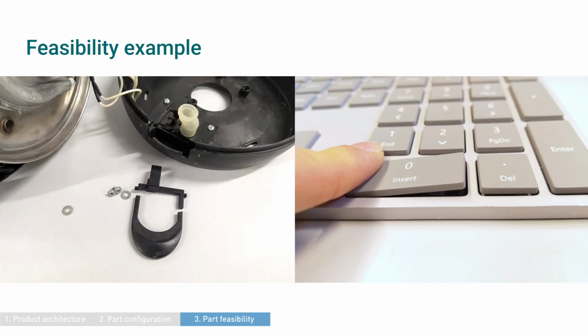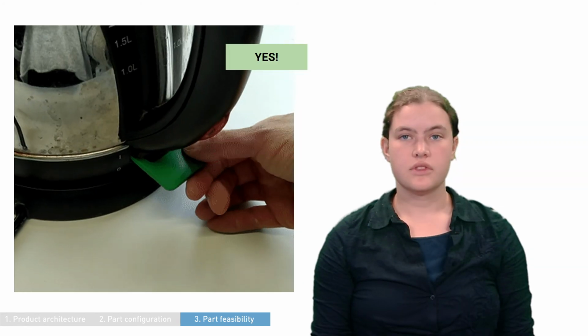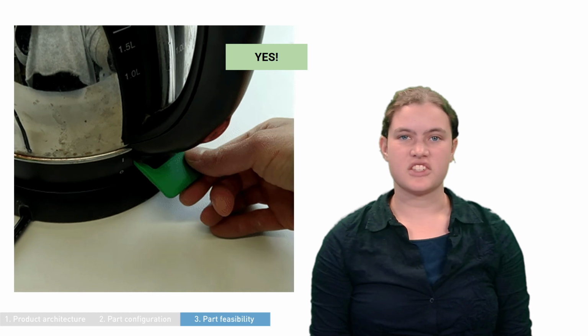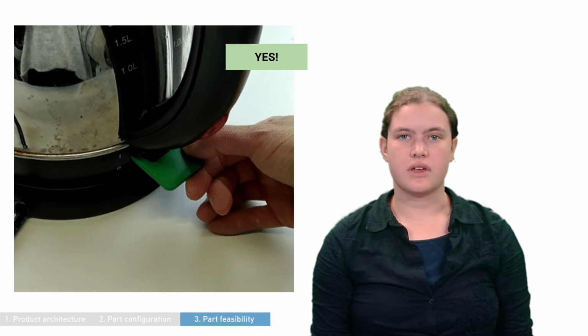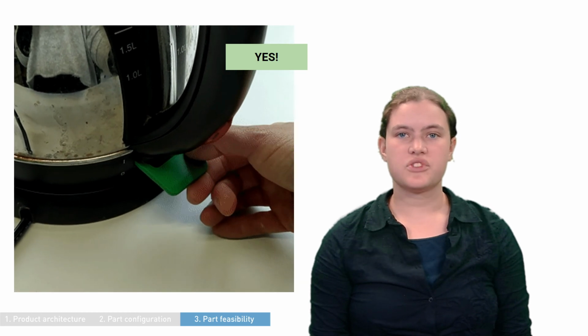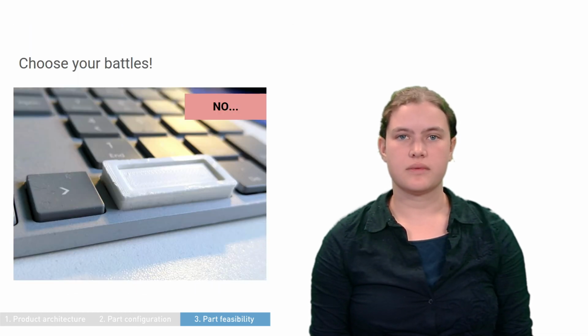To give an example, let's go back to the broken parts at the beginning of this presentation. So we had a broken switch of a water kettle and a loose key of a keyboard. The switch of the water kettle was a success. It took a few iterations and design changes to get it to fit and function properly, but it is repaired now and still holds up.